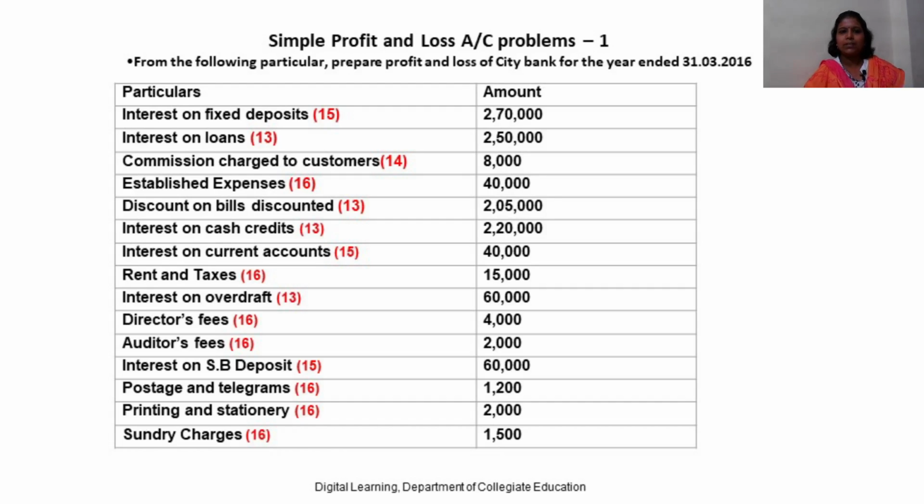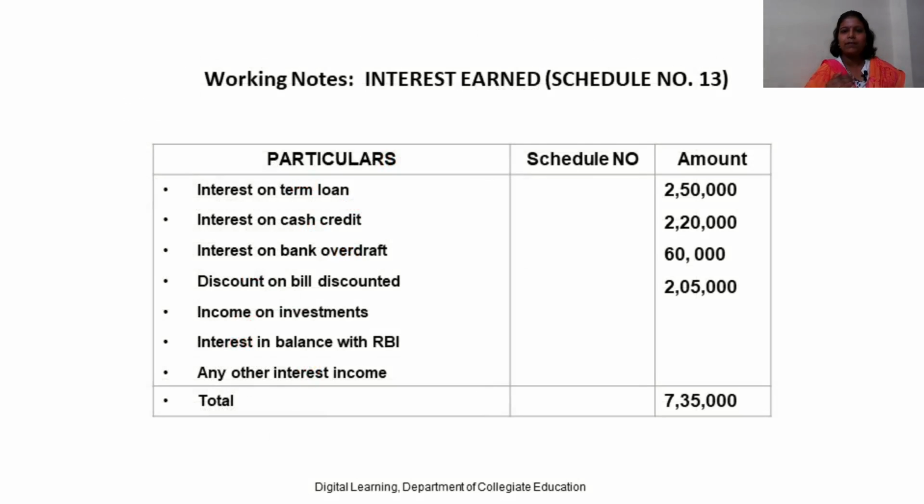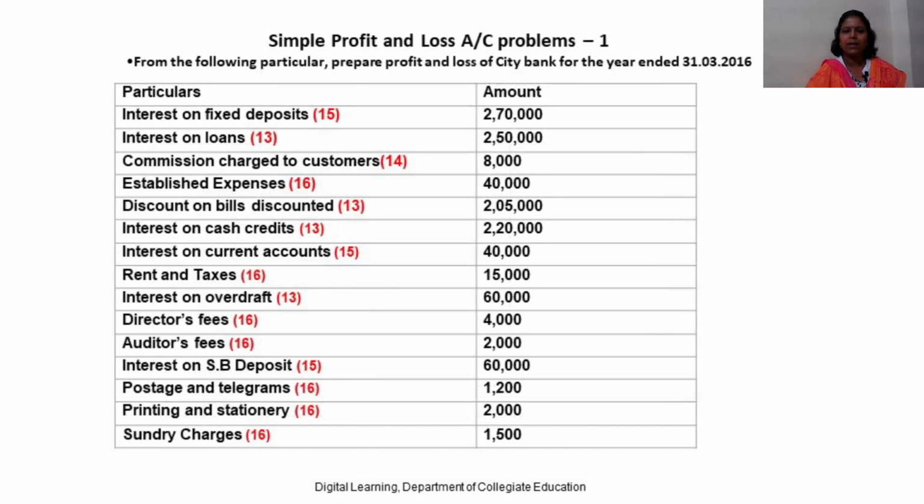Once you are familiar with the schedules, what is the next thing you have to do? For every schedule, you have to prepare a separate account. This is called a working note. Before you prepare the main income statement, you have to prepare the working notes. Look at schedule number 13. When you go back to the problem, you see where all you have schedule number 13 after you mark.